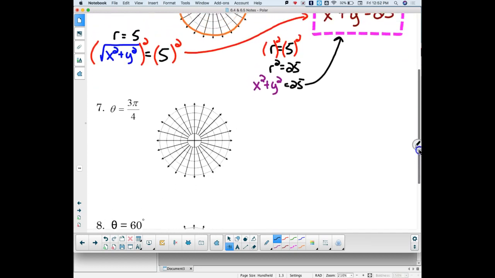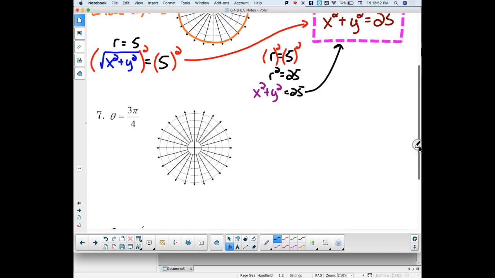Now, what can you tell me about this one? Theta equals 3 pi over 4. Polarly, what am I talking about here? What is it? What's the shape? It is not a circle because it's not r equals. Not a triangle, that's not a geometric shape, or a graph. What about negative values? So it's a line then, right?